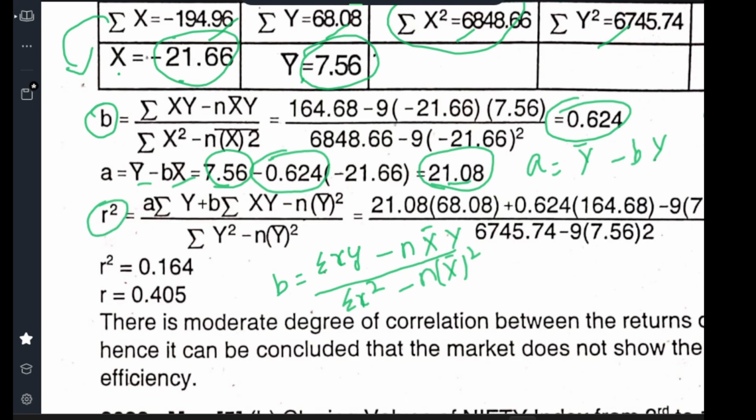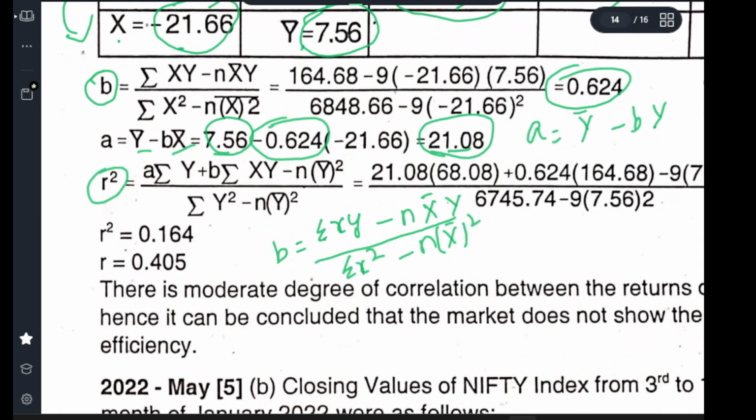The formula is: sum of A into sum of Y plus B into sum of XY minus N into Y bar square, divided by sum of Y square minus N into Y bar square.